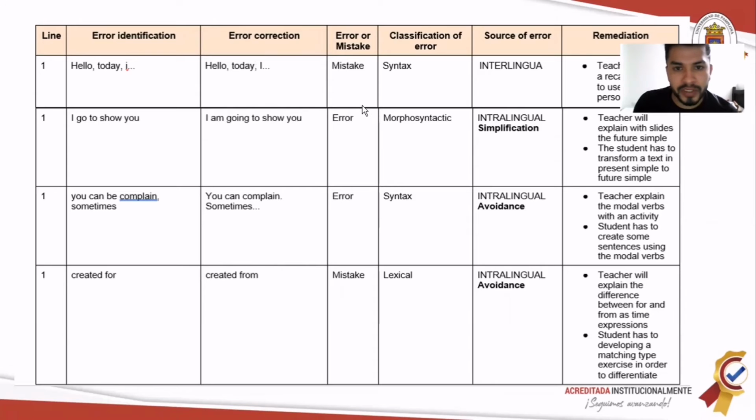So it's morphosyntactic and interlingual due to the difficulty of the second language. In this one, this is also an error because the student wrote the verb be after can, and in this case, it does not work. So it is interlingual due to the target language difficulty.